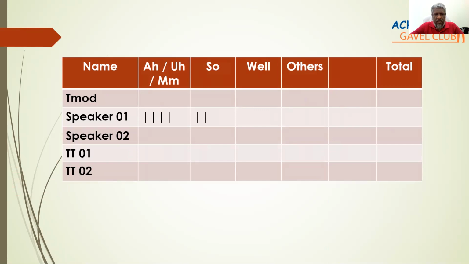This is what the Ah Counter role is. You can specifically tell the name of the person who has used what, and in this it is allowed. The idea is we need to become aware of using these filler words, and our objective must be to reduce them to the minimum or use no filler words in our communication.